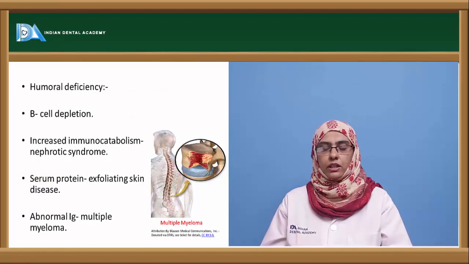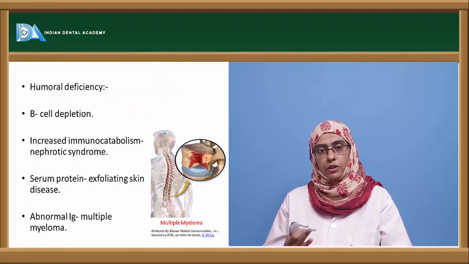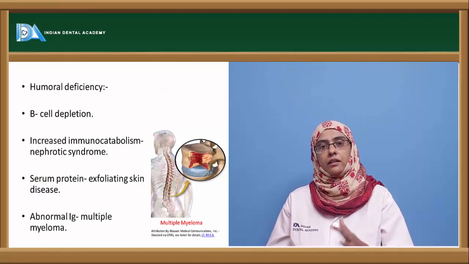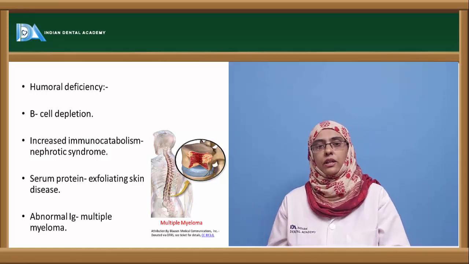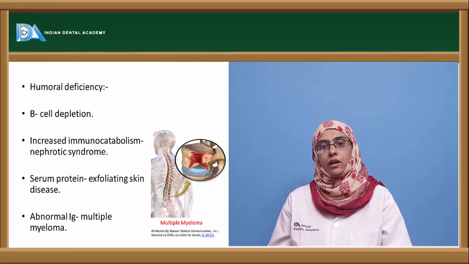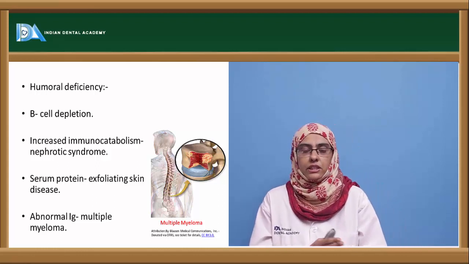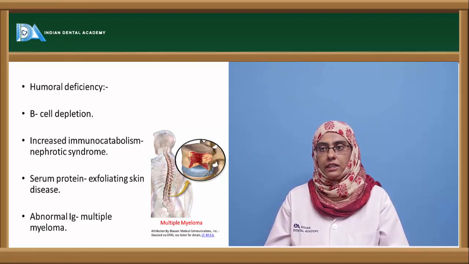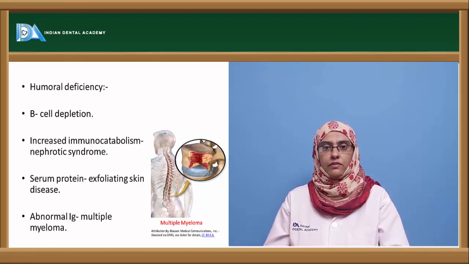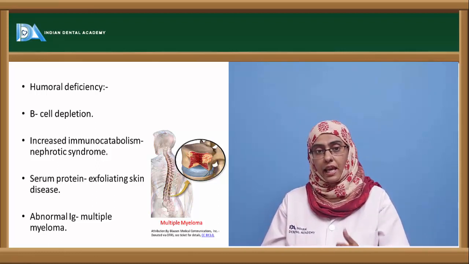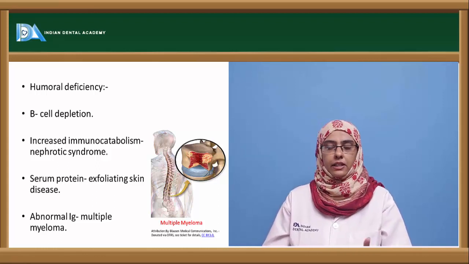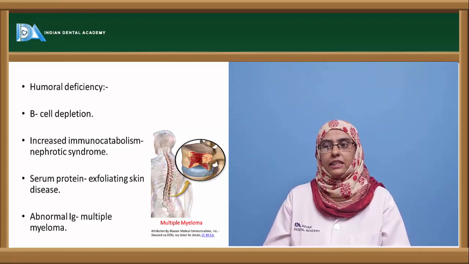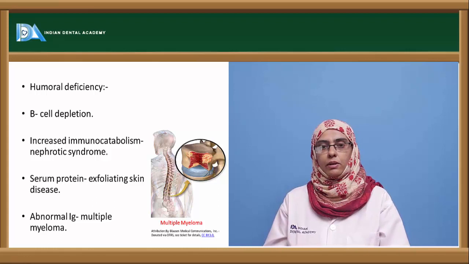Secondary immunodeficiency disease can be brought about by humoral or cell mediated causes. Coming to the humoral secondary immunodeficiency diseases, here you can see B cell depletion and increased immunocatabolism in the case of nephrotic syndrome, and loss of serum proteins in exfoliating skin disease, and abnormal IgG leading to multiple myeloma.